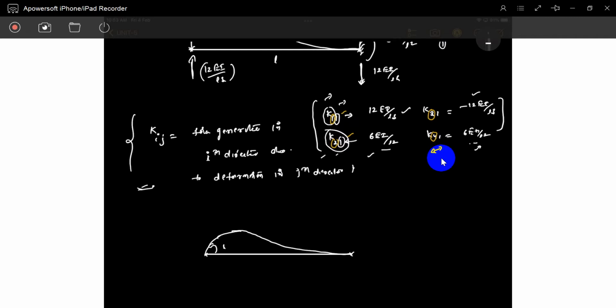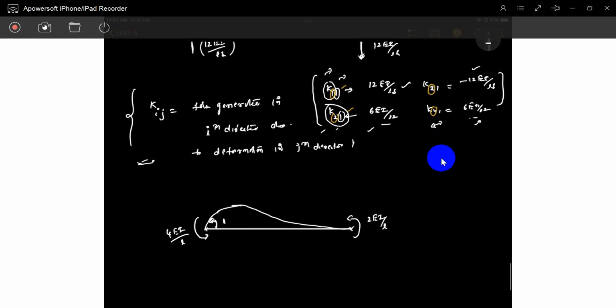If you generate a unit deformation in this direction, the force generated is 4EI by L, and in the same direction it is 2EI by L. You already know.